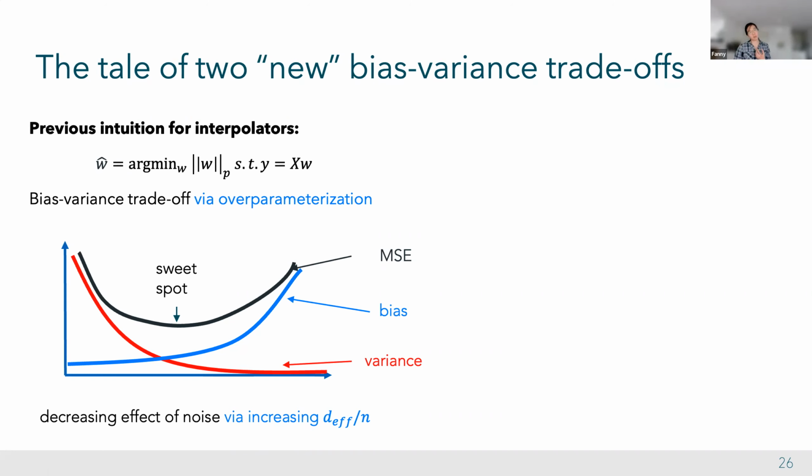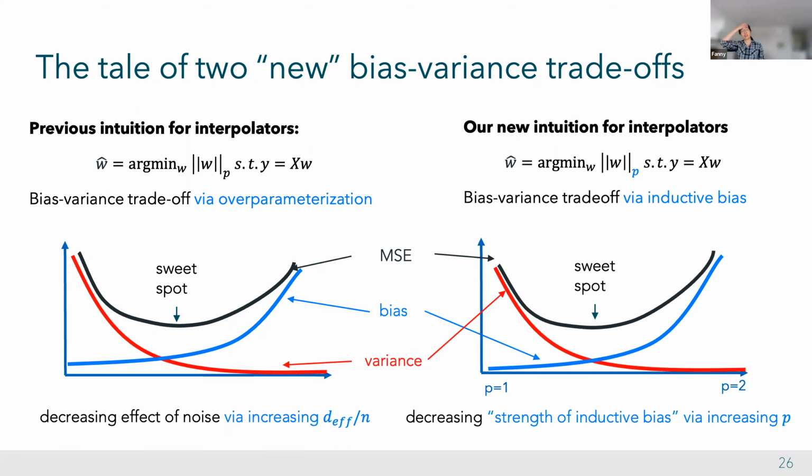In particular, previous work does not achieve good generalization results when we have isotropic Gaussians with a fixed covariance. So our work is adding a new bias-variance trade-off intuition to the picture of interpolators, and basically says that in addition to this bias-variance via over-parameterization, we have bias-variance via the strength of the inductive bias.